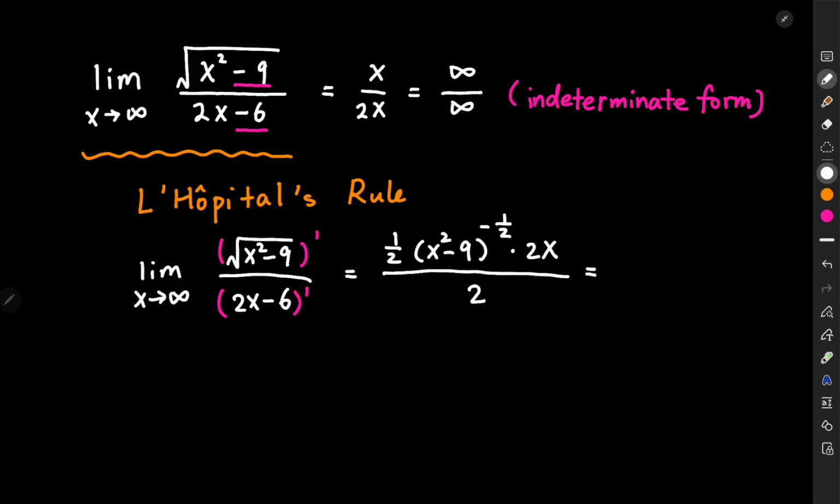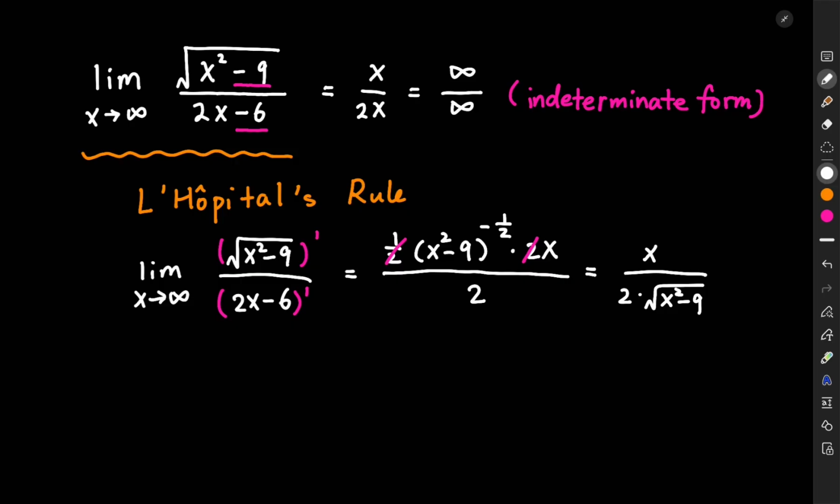And let's simplify this function and see what we would get. We get x over 2 times square root of x squared minus 9. Because here we have a negative sign, so your x squared minus 9 becomes the denominator.